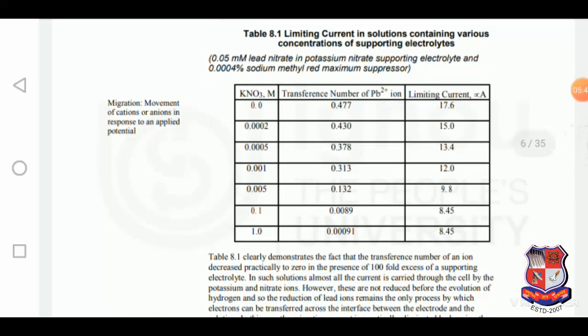Here is a tabular demonstration of limiting current, how it can be produced in the presence of potassium nitrate molar solutions and transference numbers of lead plus 2 ion.